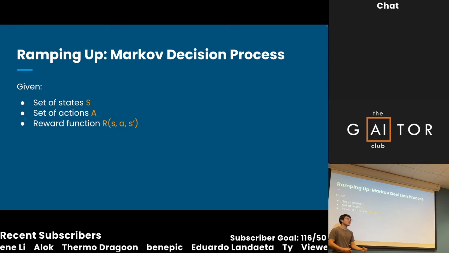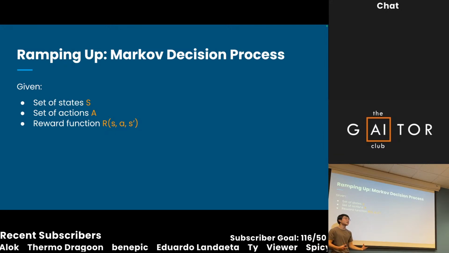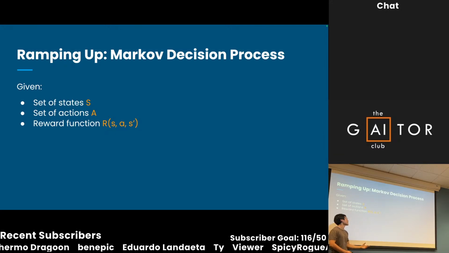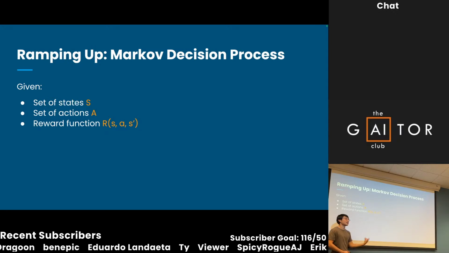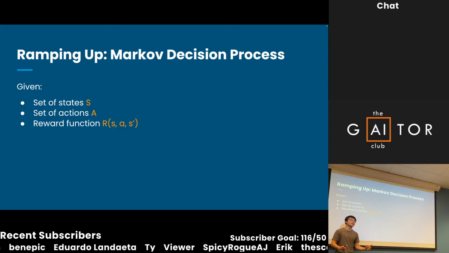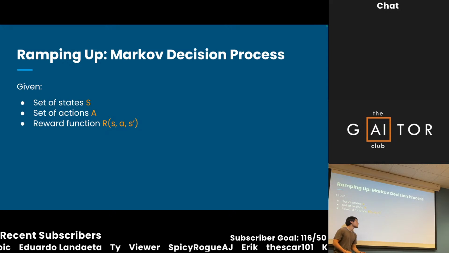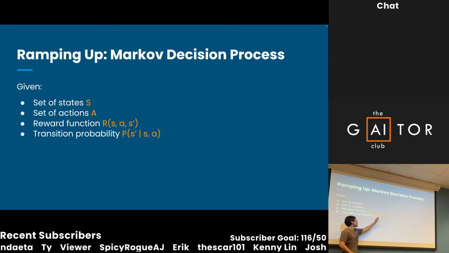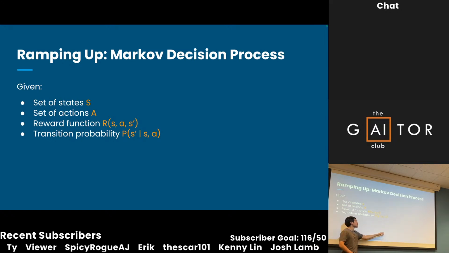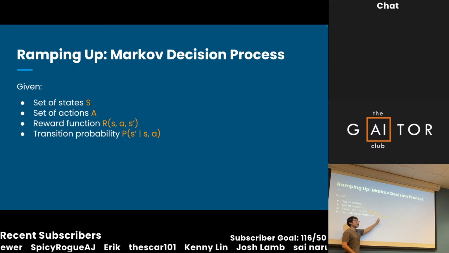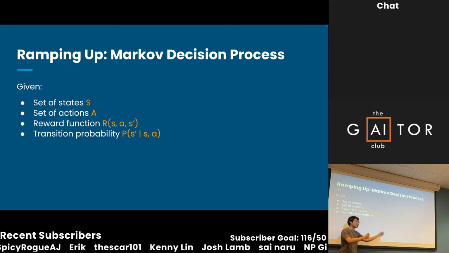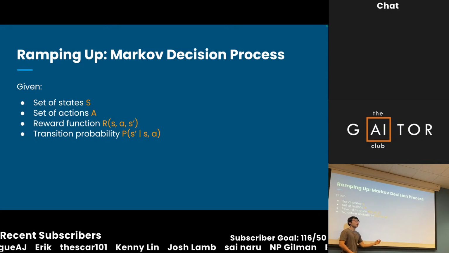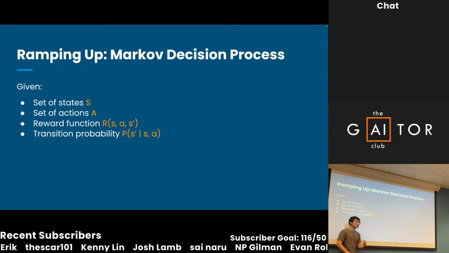If you're in a certain state, it might be better than other states. But it could also be defined in terms of the action and the next state. This will be a little bit clearer later when we talk about stochastic functions. We also have a transition probability of P of S prime given S and A. This just means the probability of going to the next state, S prime, given that we're currently in the state S and take action A.